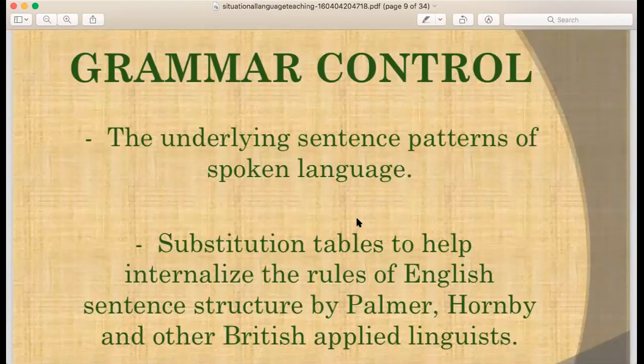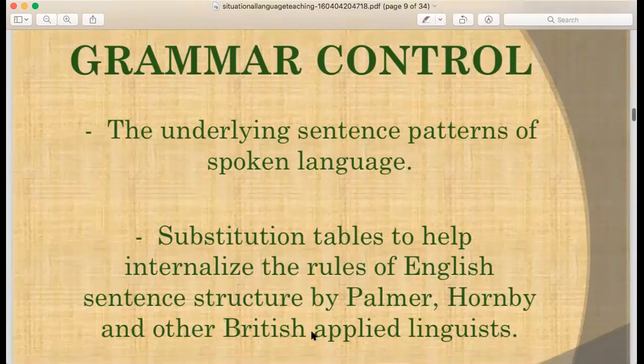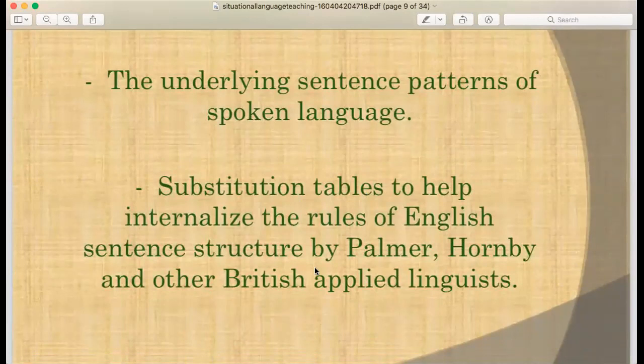That's why it is easier for students to learn the grammar, right? So this grammar would be taught through substitutions also, and they are going to internalize the rules of English sentence structure, as it would be in their syllabus.